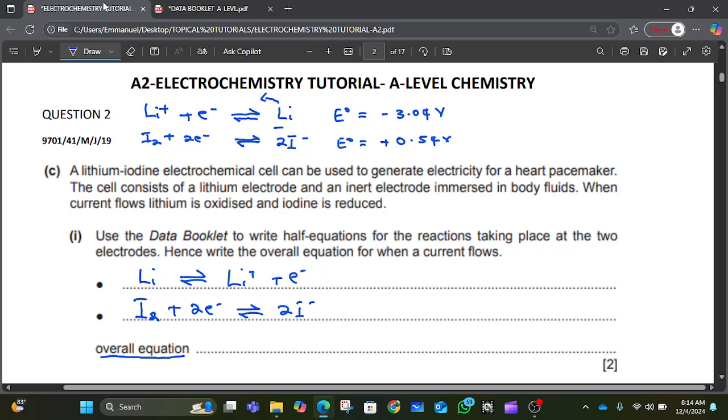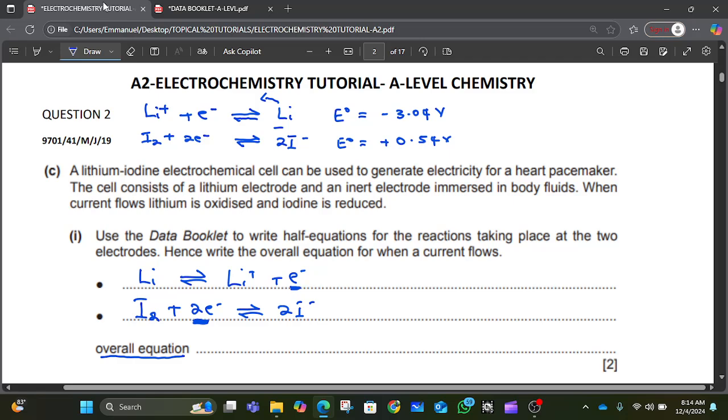Overall equation. Now, for you to write the overall equation for these two half cells, it means that you have to add the two half cells together. However, for you to add two half cells together, you have to make sure that the number of electrons transferred in both equations are equal. We can see that for the I2 equation, the number of electrons is 2, but for the lithium equation, the number of electrons is 1.